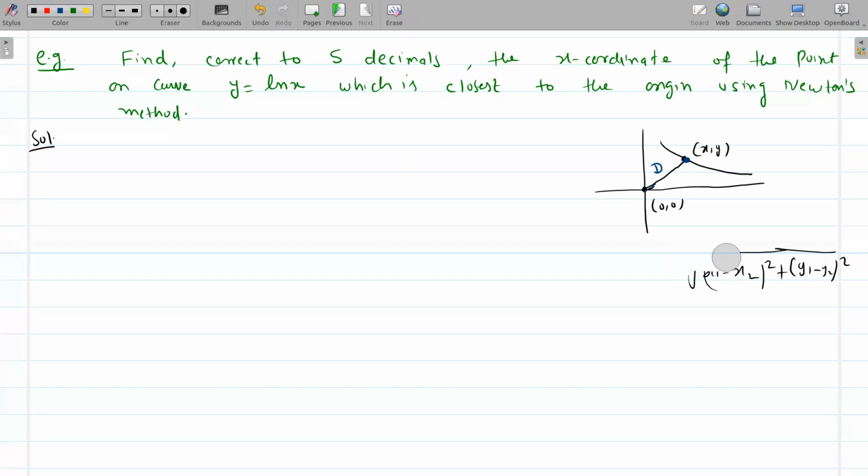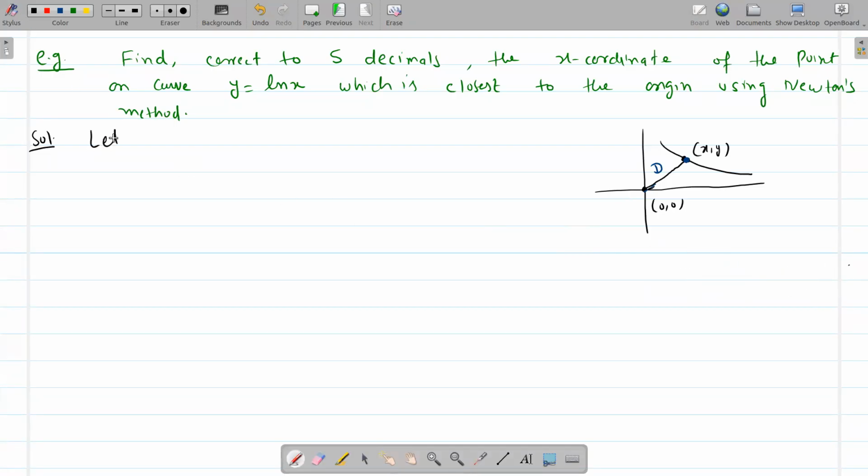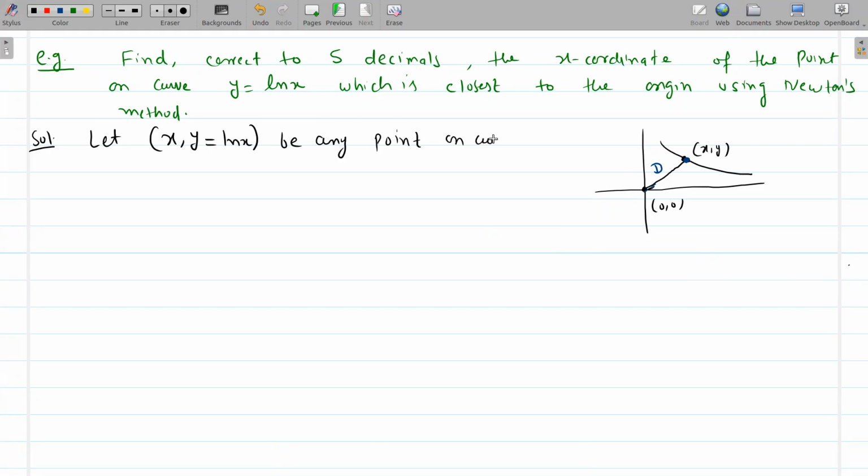So we will use this formula to write distance. So for this, firstly take a point xy, y will be log x. Let xy be any point on curve y equals to log of x.